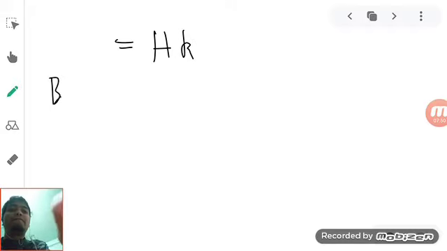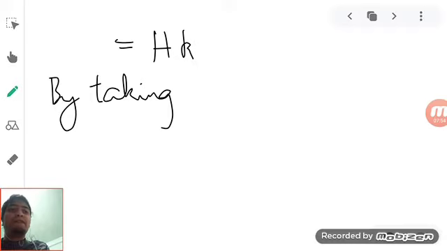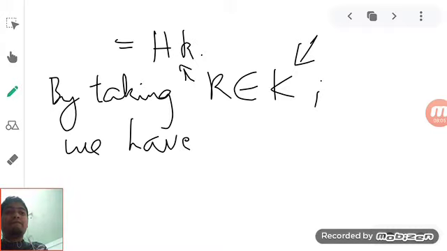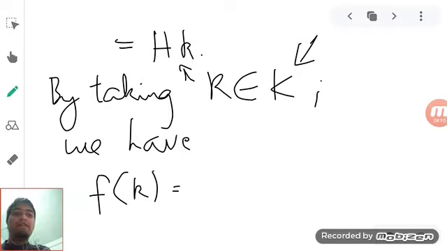So by taking this k over here, which belongs to capital K, the first set, we have f(k). f(k), according to the definition of the function, is hk.